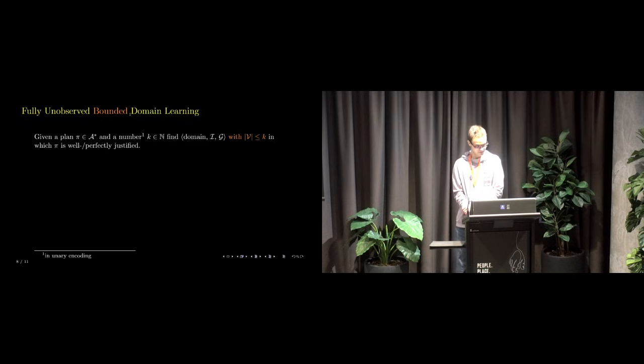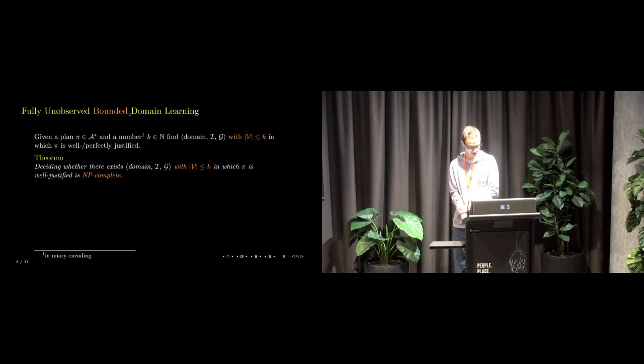And then you get this decision problem. And surprisingly, even though you have more restrictions on the domain, the complexity goes up. So deciding whether such a domain exists for well justification is NP complete. And we have hardness with a constant K.